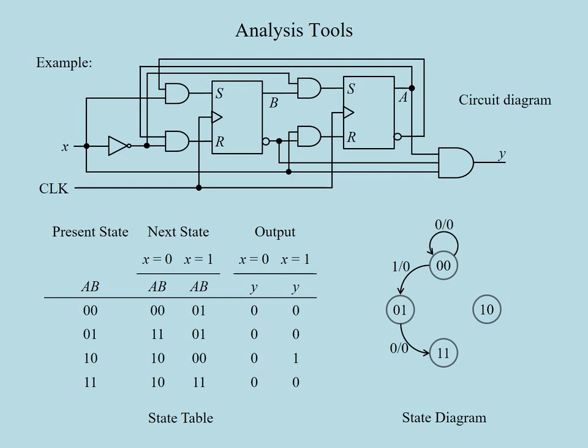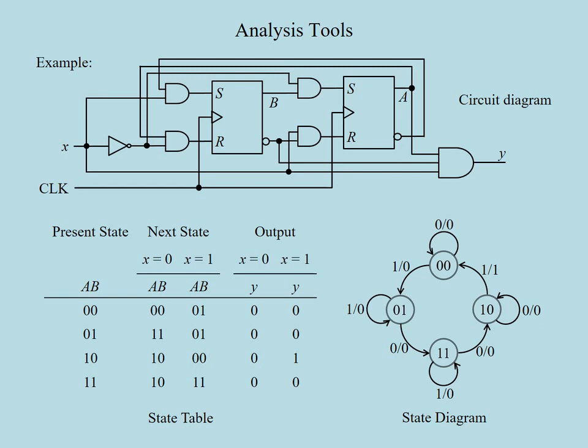On the other hand, if X equals 1, this state will be kept as the next state and the output Y will be 0. Proceeding in this way, we can carry the state transitions given in the state table to our state diagram. Note that the output is 1 only if the state transition is from 1 0 to 0 0 and X is equal to 1.